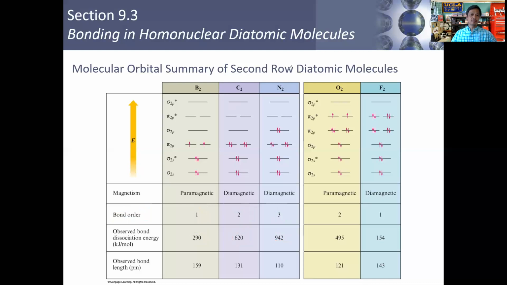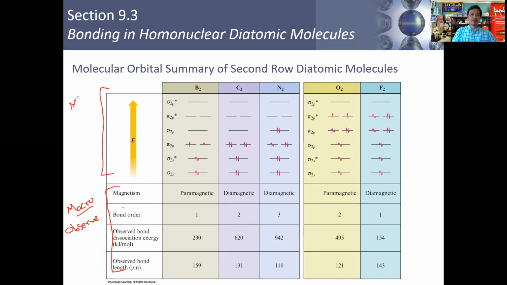Hopefully you can use this table. I think it is in your book. I forgot what page it's on. Please make sure you take a look at it and understand the connection between the macroscopic, which is what is observable, and the microscopic, which is not observable.